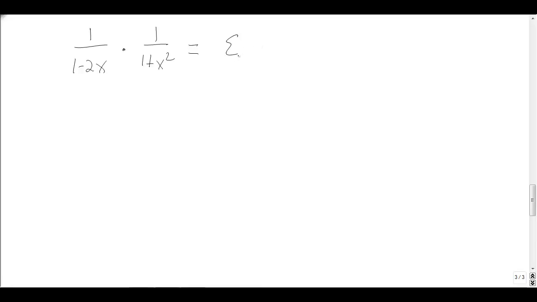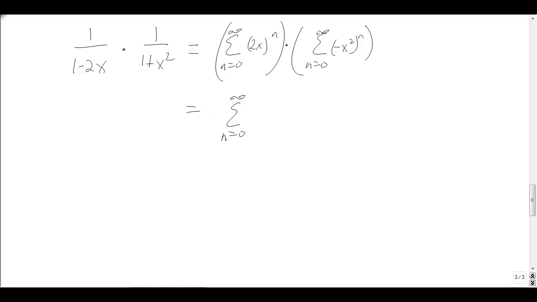So this is the summation from n equals 0 to infinity of 2x to the n, times, let's put that in parentheses, the summation from n equals 0 to infinity of negative x squared to the n. And maybe I could rewrite this as the sum from n equals 0 to infinity of 2 to the n x to the n, times the summation from n equals 0 to infinity of negative 1 to the n, and we'll get an x to the 2n.